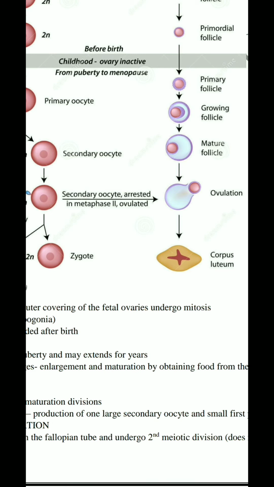Then this particular structure which has been already ruptured, that is the follicular structure, will form a structure called corpus luteum. Now, after the formation of corpus luteum, there will be two conditions again.